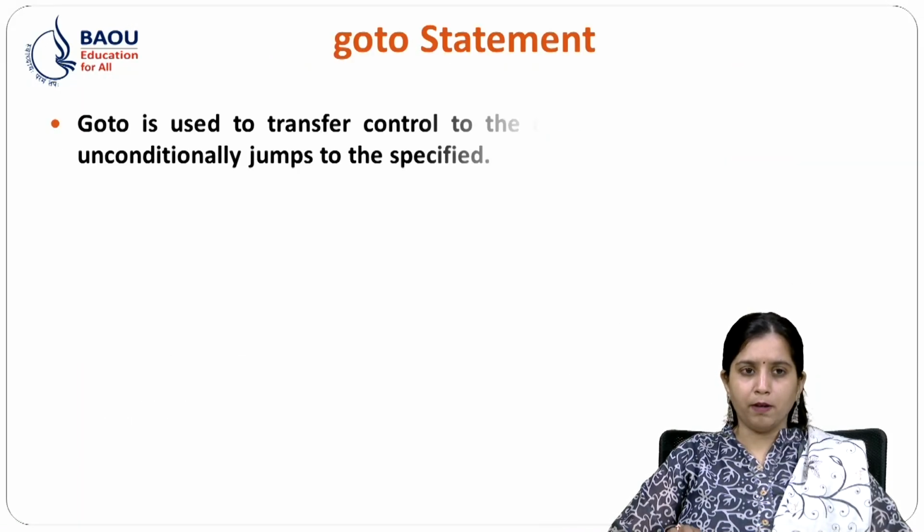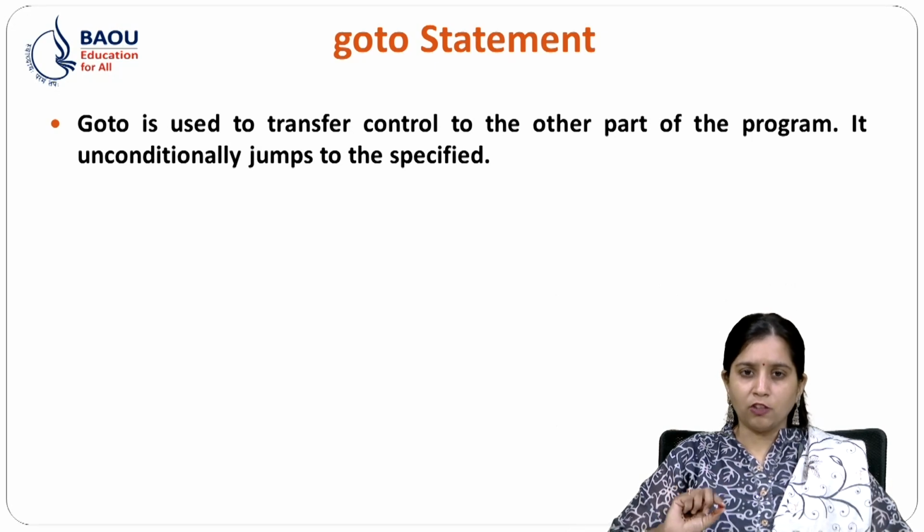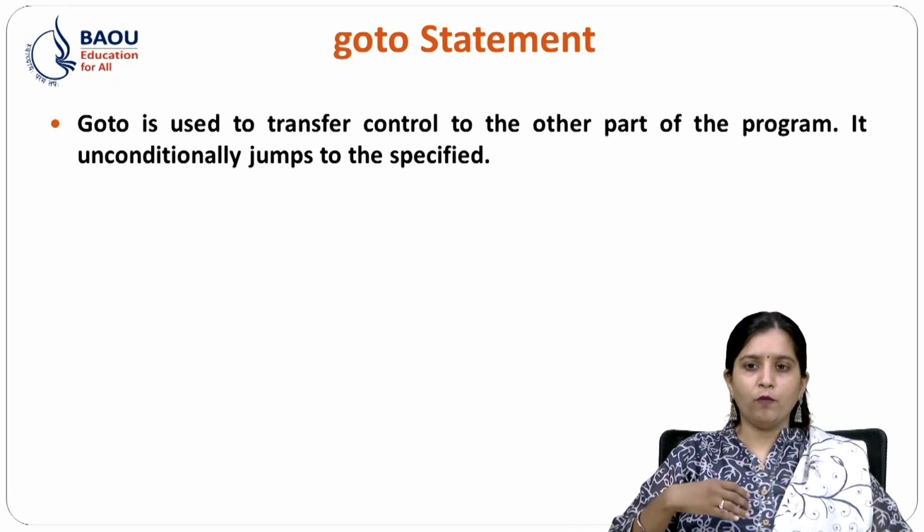What is the goto statement? Goto is used to transfer control to another part of the program. It unconditionally jumps to the specified label.